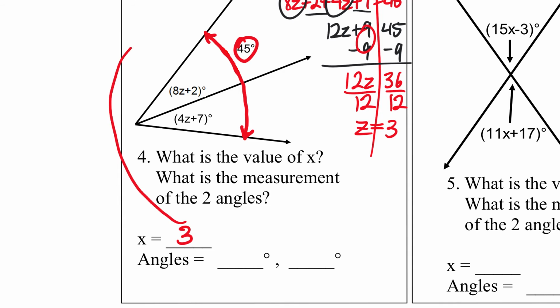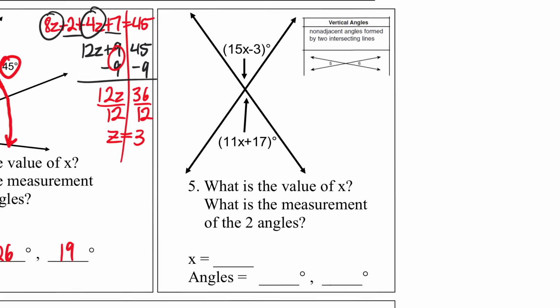Now, I want to know how big those angles are, so I need to take that 3 and plug it in. So what is 8 times 3? 24 plus 2 is 26. And if I plug it in here, what's 4 times 3? 12 plus 7 is 19.